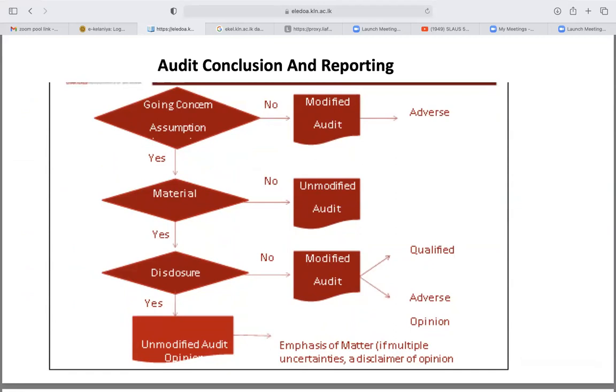Audit conclusion and reporting. So if there's a going concern issue in the company, what do we need to do as an auditor? As an auditor, we need to express an opinion through our audit report.